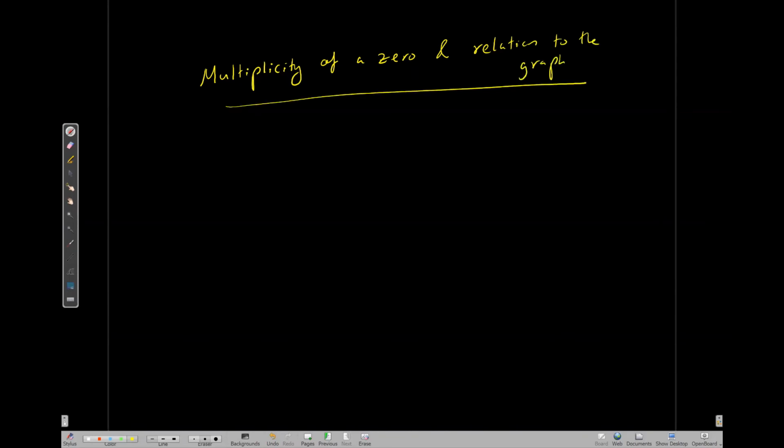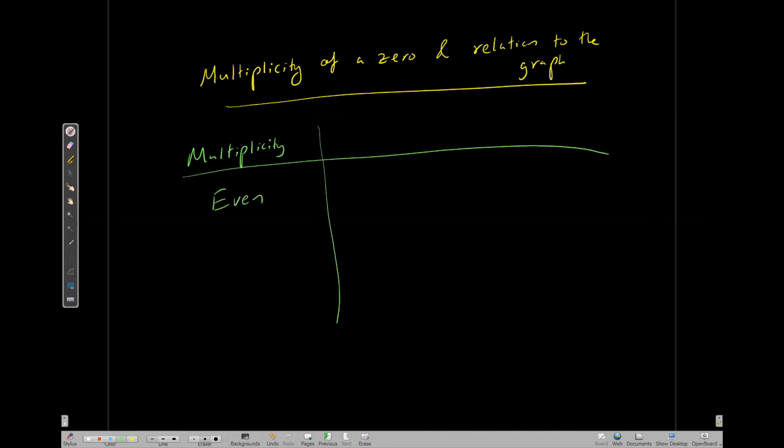This is the thing that we need to learn. Multiplicity, again a table. It can be even multiplicity or it can be odd multiplicity.